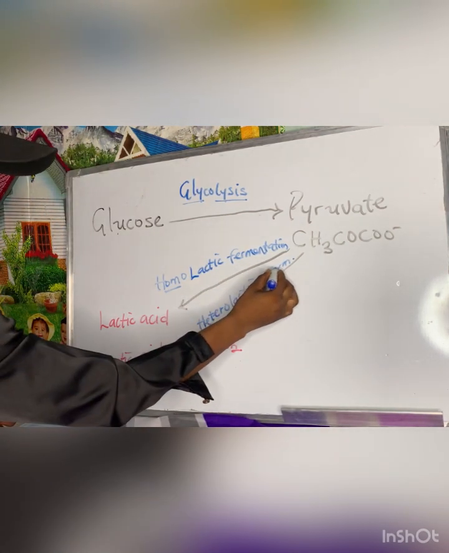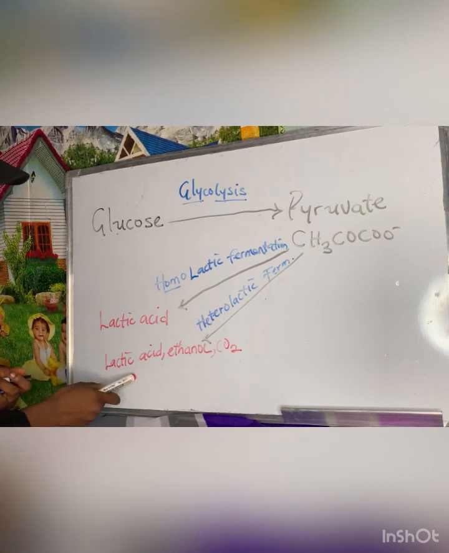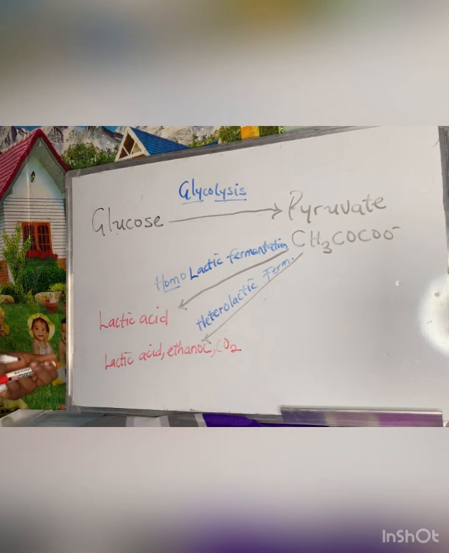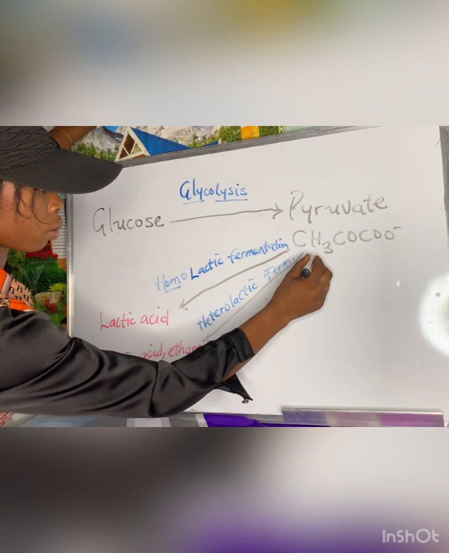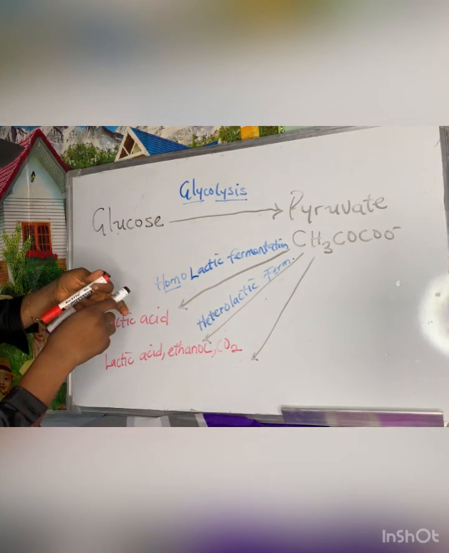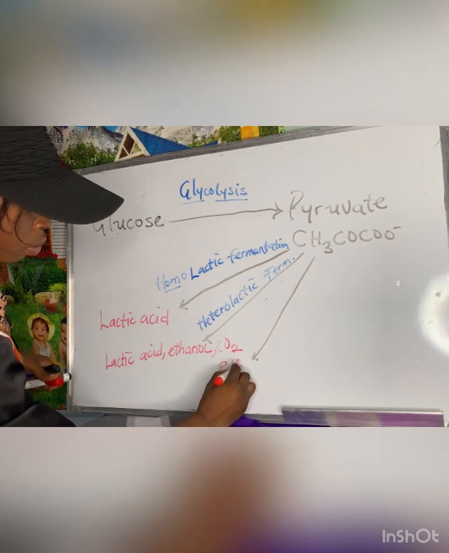Hetero means a mixture of lactic acid, ethanol, and CO2. The homolactic doesn't produce any gas. There is no CO2 there, and that is the major difference between homolactic fermentation and heterolactic fermentation.